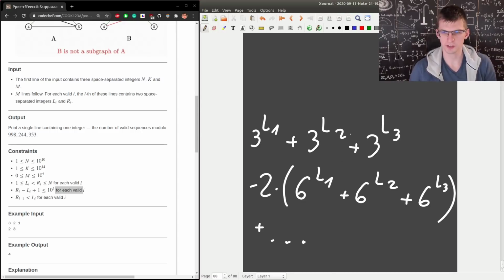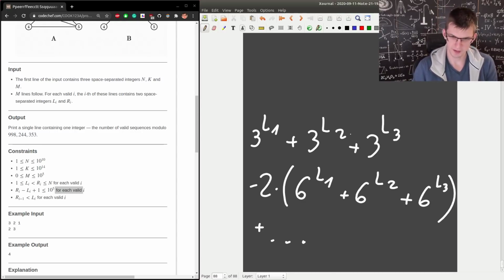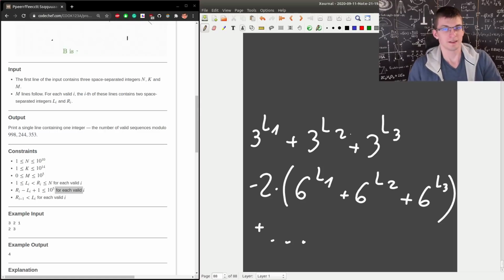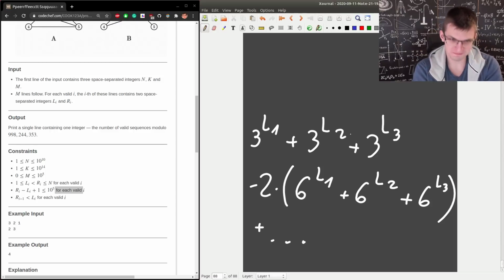But instead of 3 there are a lot of those values Li. How do I deal with that? I don't know. I don't know.